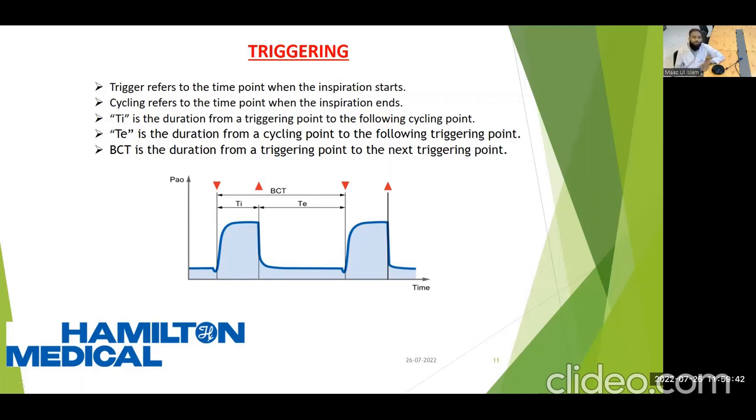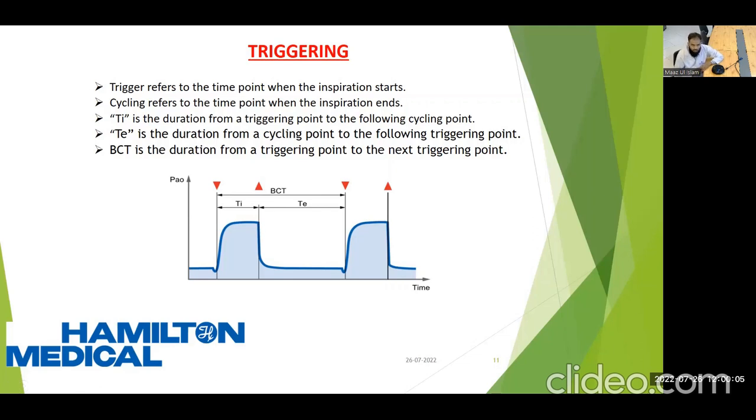Cycling refers to the time point when the inspiration ends. This point is a trigger, and this point is cycling.